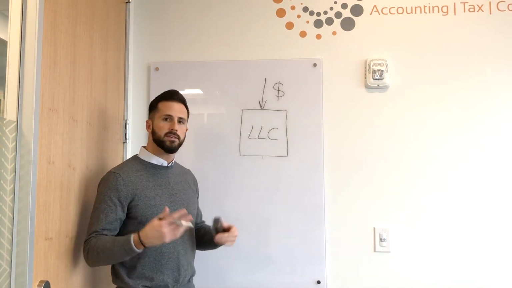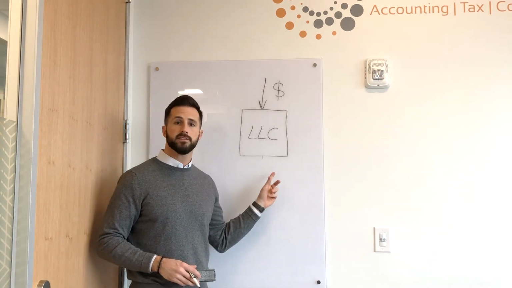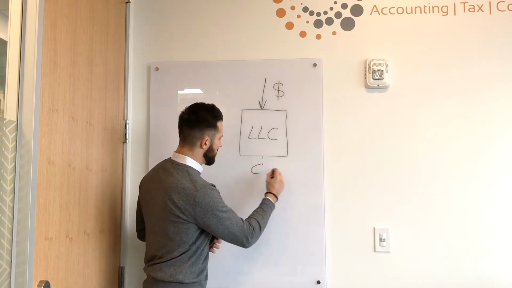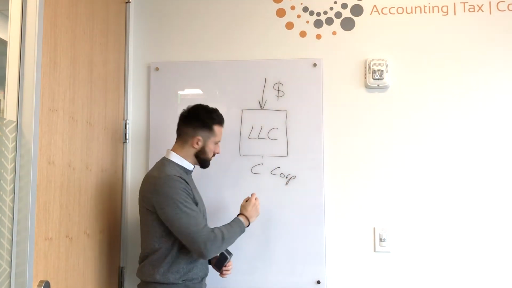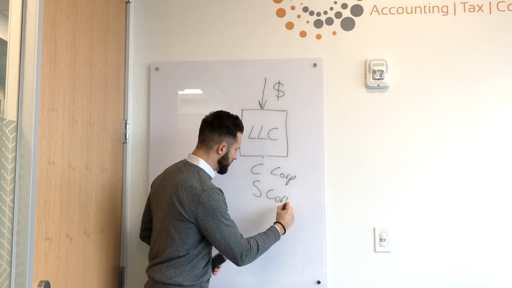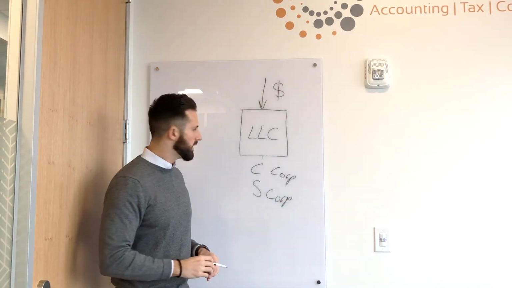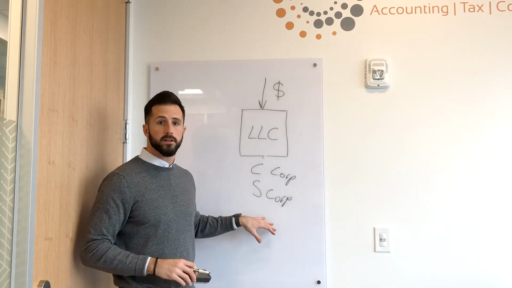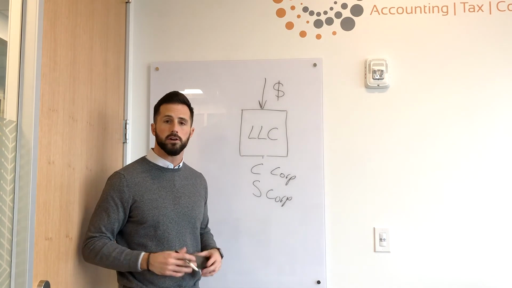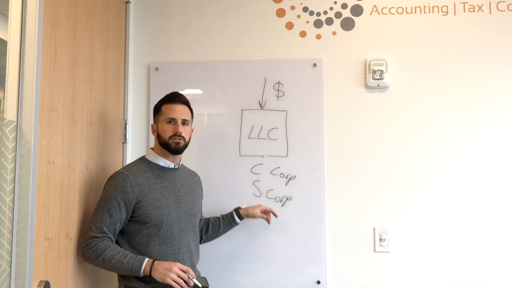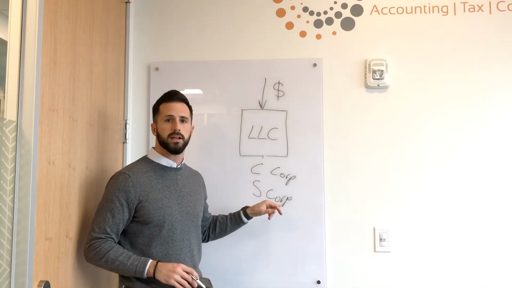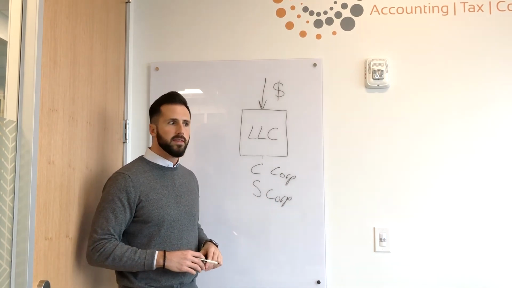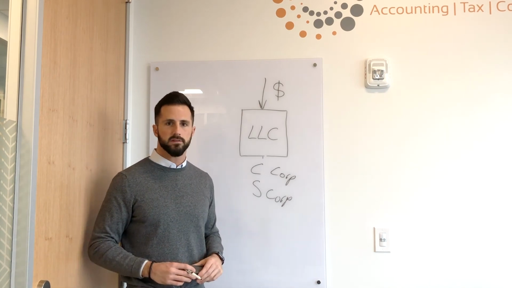Or, if you elect to, you can decide to be taxed as a corporation, either a C corporation or an S corporation. Each of these different elections have their own benefits that could save you a tremendous amount of money on your taxes. But they're also very strict and have very unique rules and regulations, not only from a federal standpoint, but from a state standpoint, that could end up costing you a lot more in taxes.